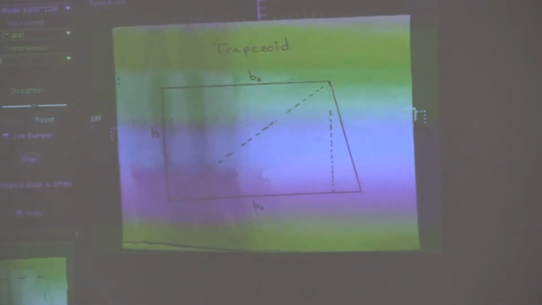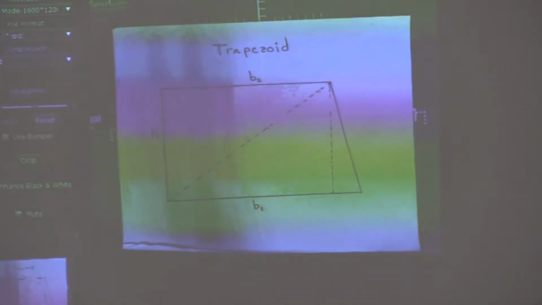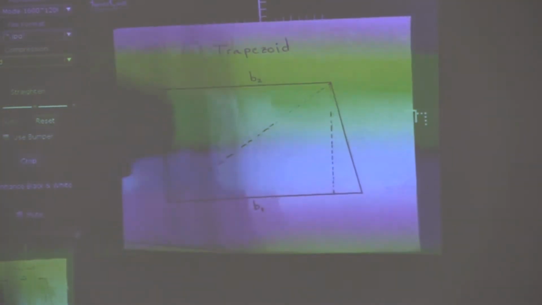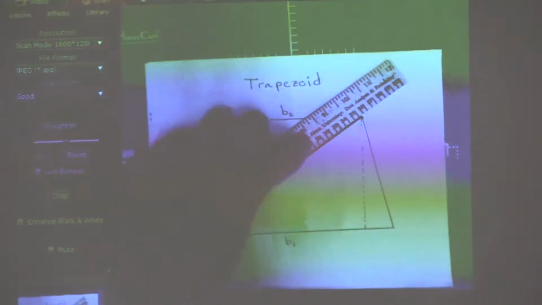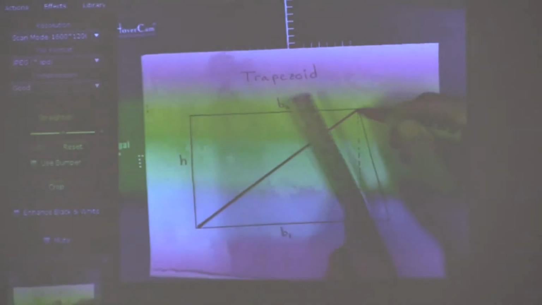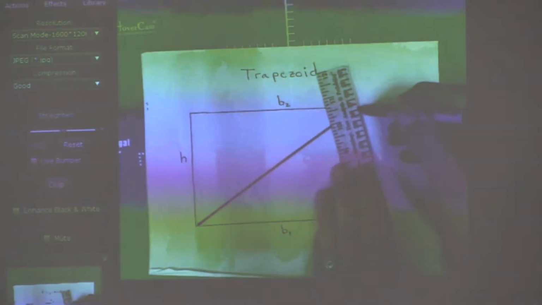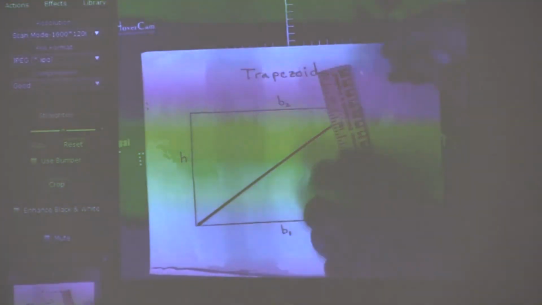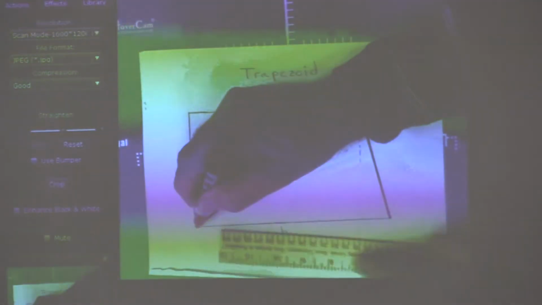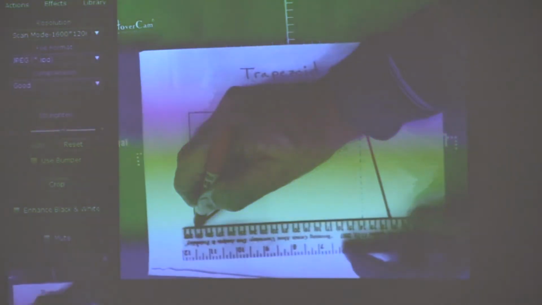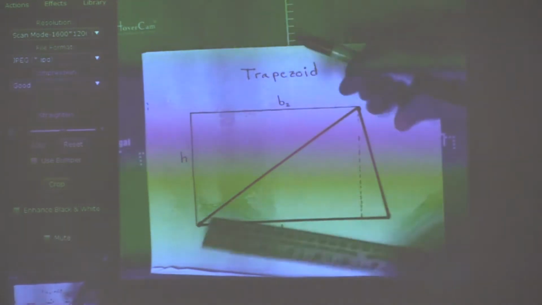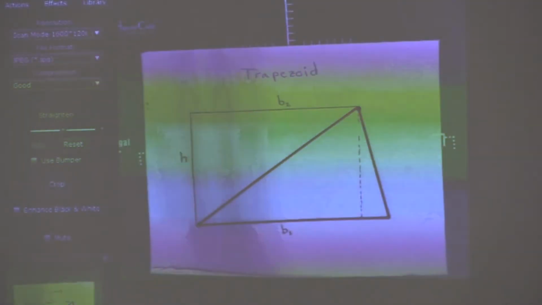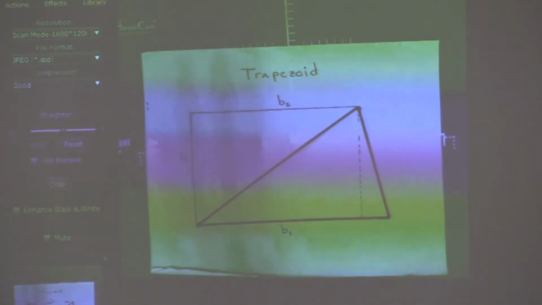Let's see where this comes from, gang. So what I'm going to do is take my trapezoid and cut it into 2 triangles. I'm going to take the red triangle and we're going to take the green triangle.